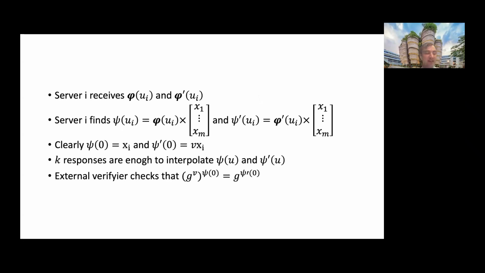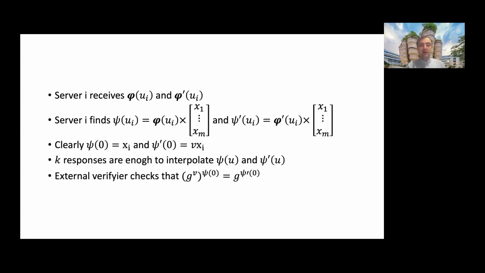Server i finds the value of polynomial psi in point ui, as before, times the database vector, and psi prime in point ui times the database vector. Clearly the values of these polynomials psi and psi prime in point 0 are equal to xi and v times xi. And as before, k responses are enough to interpolate psi and psi prime and get psi in point 0 and psi prime in point 0.